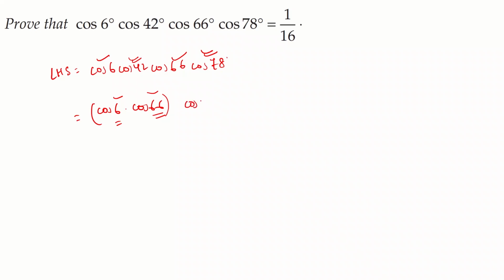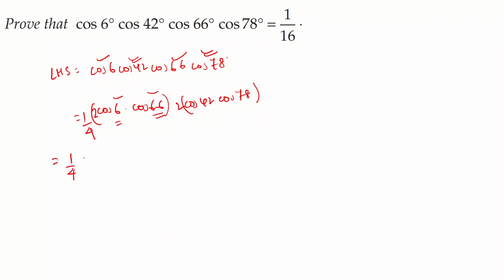And then the rest of the terms together, cos 42 times cos 78. Now in order to apply that formula, we need to have 2 cos. So we bring in 2 forcefully in these two terms, and to adjust we multiply with a 1 by 4.